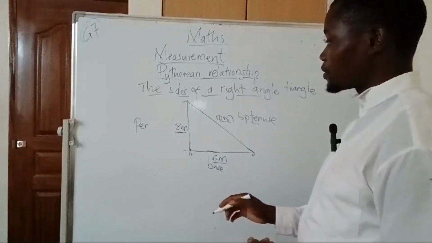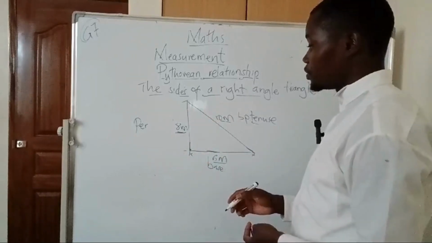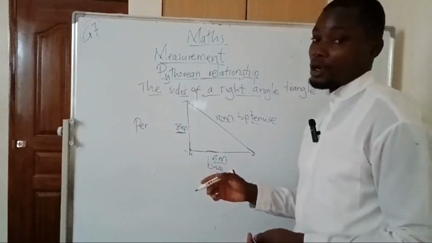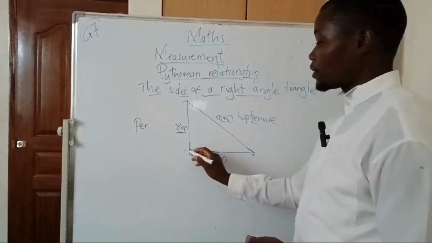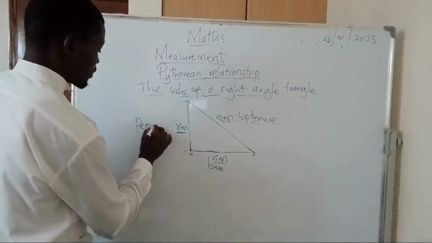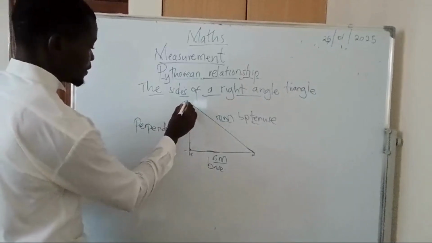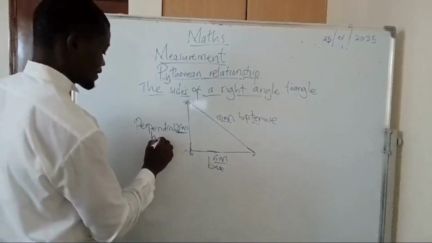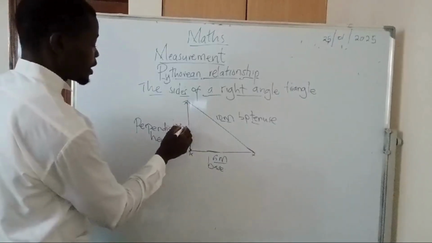Under the sides of a right angle triangle, I've already drawn this right angle triangle here, and we just need to identify how the parts are called so that when we are doing the Pythagorean relationship, we will be able to refer to them by the names I'm about to give. From this side to this end is the perpendicular height, which is 8 meters.